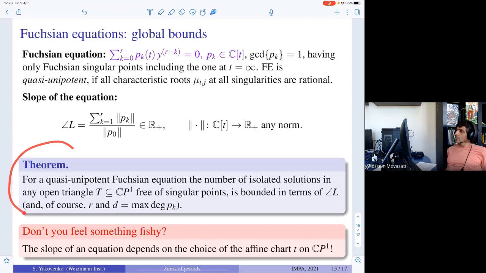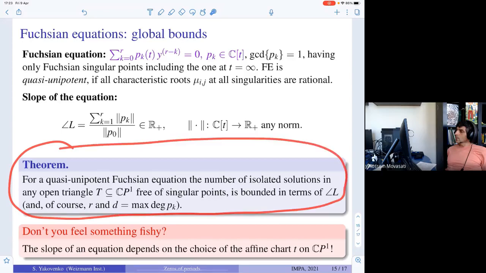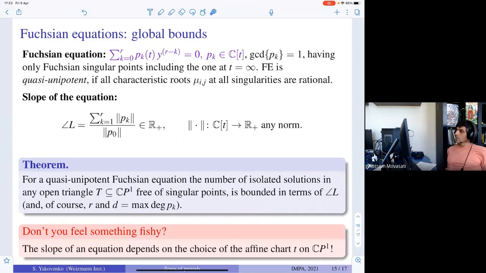Theorem. If we have a Fuchsian equation, if we know that all its singular points are Fuchsian, and if we know that all spectra, all characteristic exponents at all points, are real, what do we need to know to count the number of roots of this equation? The answer is you need to know only the slope.